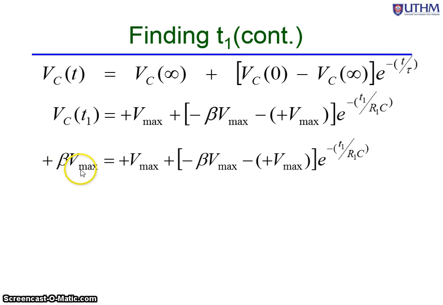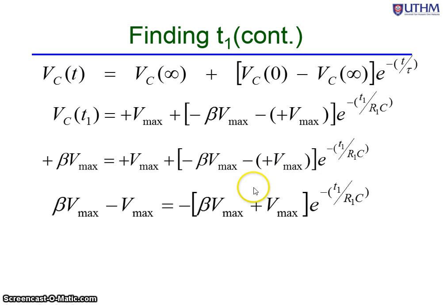From this equation you have beta Vmax, so bring this over to this side and simplify this part.